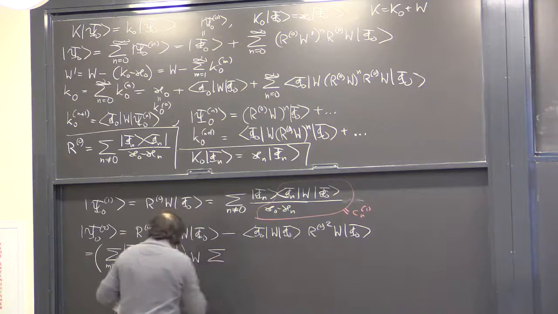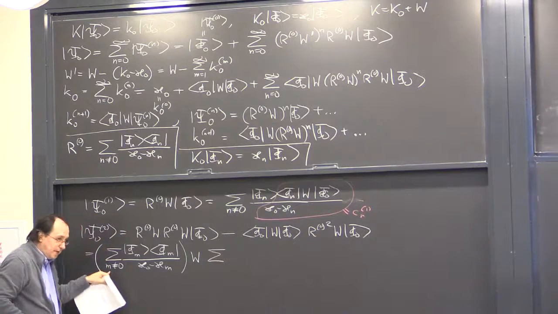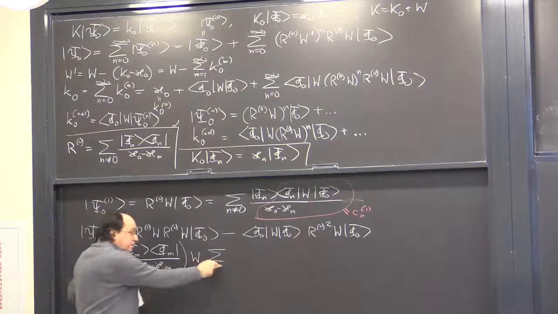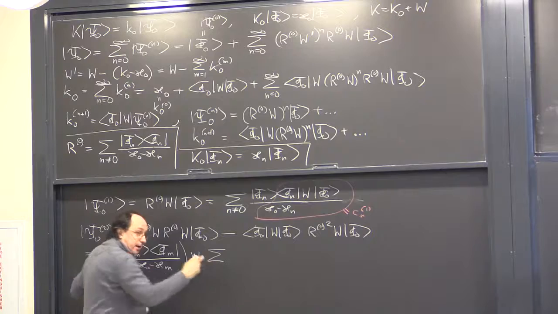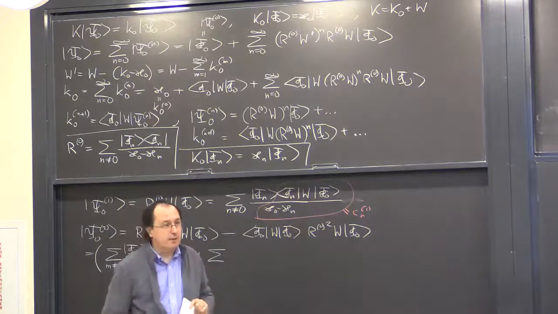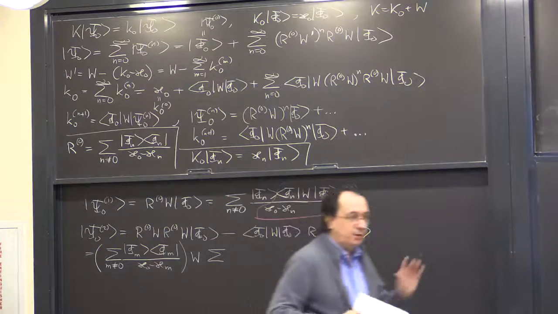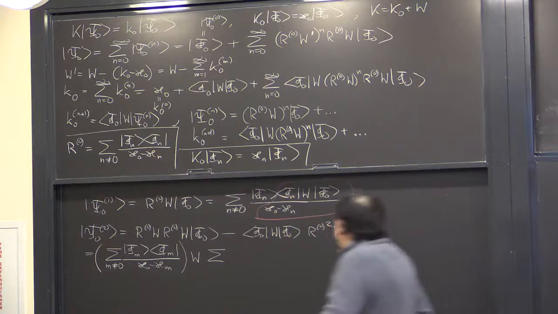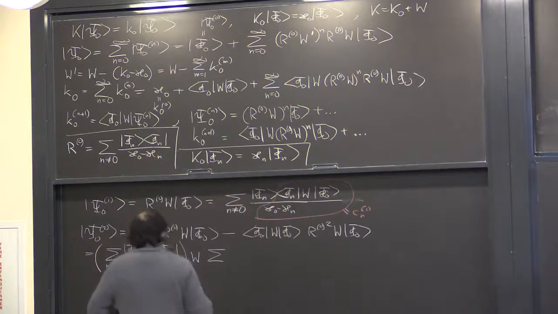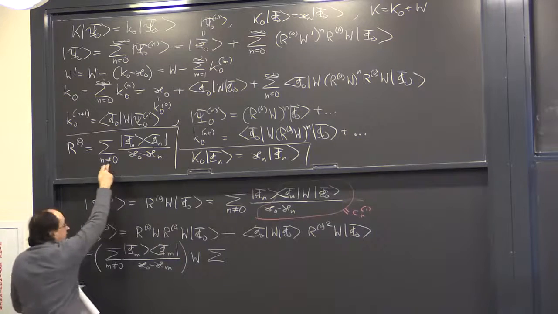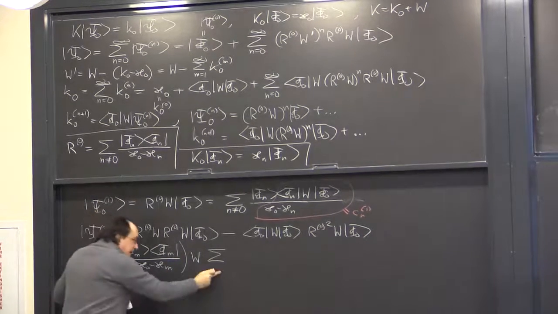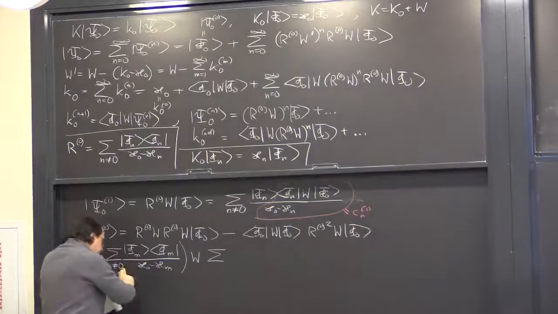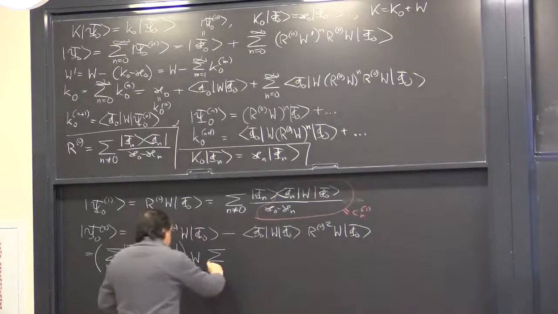I'm not going to use symbol m anymore, because those two summations are independent. I made this comment a long time ago that you always have to watch out for what symbols you are using in your calculations. It is tempting to use the same symbol, but you cannot use n here and n here, because this summation and that summation are independent.